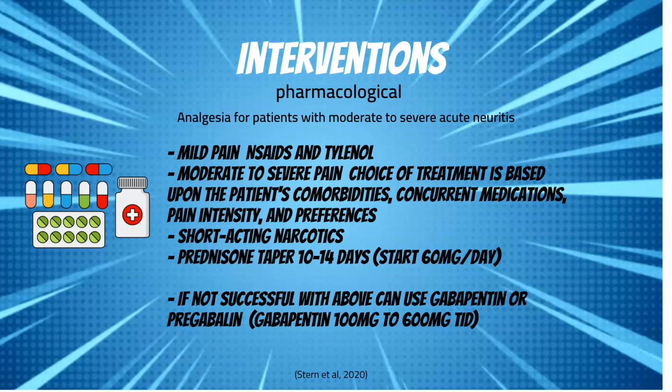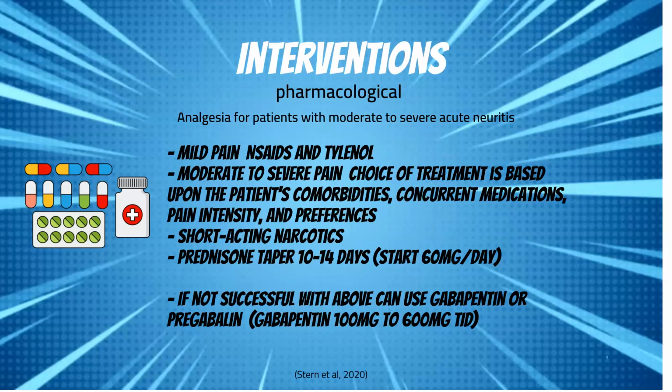You could try short-acting narcotics, some prednisone, but you'll want to taper it 10 to 14 days. You'll start at 60 milligrams per day. If not successful with the above regimens, you can use gabapentin or pregabalin. The gabapentin dose is 100 milligrams to 600 milligrams TID.